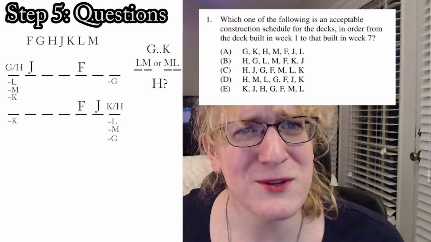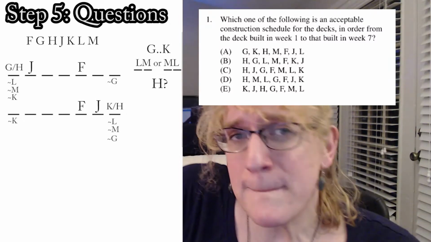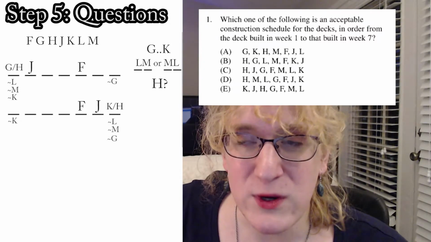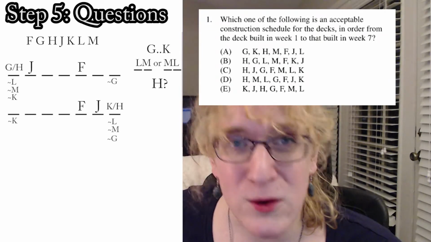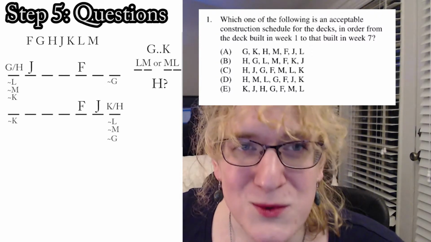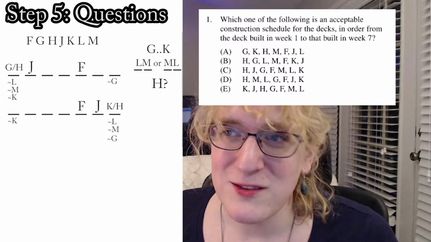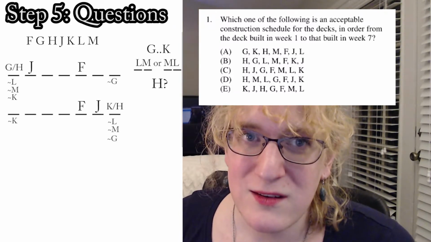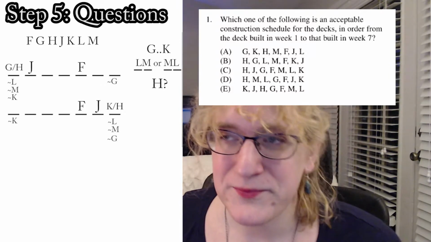I guess you don't circle it anymore, you click on it, but who cares? The best strategy for these initial acceptability questions, which is usually the first question of every game, is to literally go through the rules one at a time and see if those rules break any answer choices. So while I did say earlier that I would rather not look at the actual written rules, here it's easiest to do that.